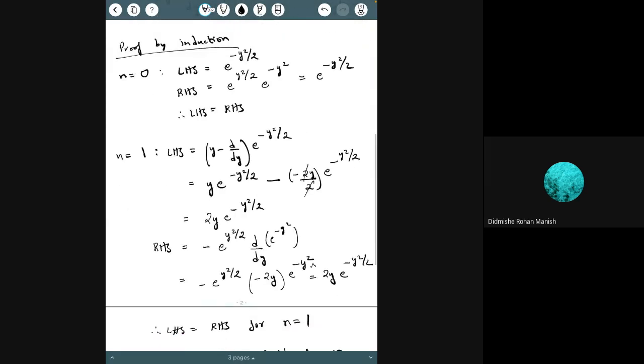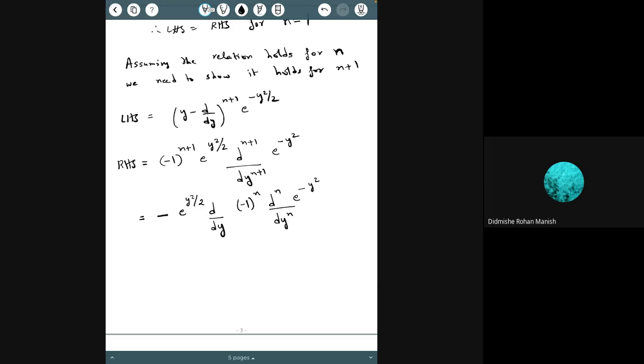So what we will do is introduce an e to the power minus y squared by 2 into e to the power y squared by 2 over here. Wait, one second.